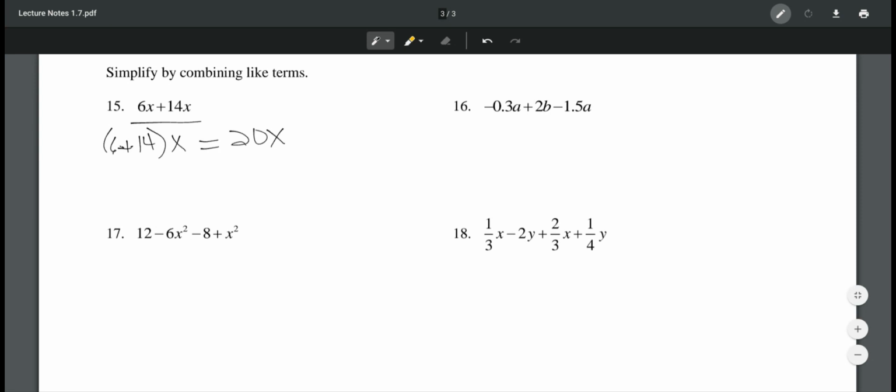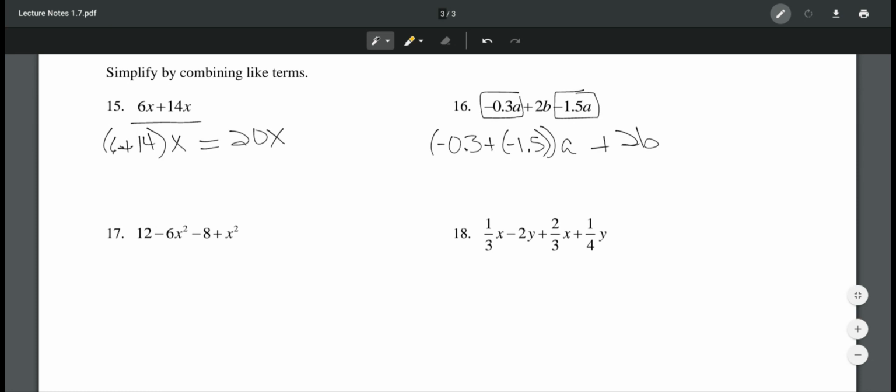Now, in number 16, I only have 2 terms that are like. I have 3 terms, negative 0.3a and negative 1.5a. So what I am going to think is I need to add negative 0.3a plus negative 1.5a and then keep the 2b.